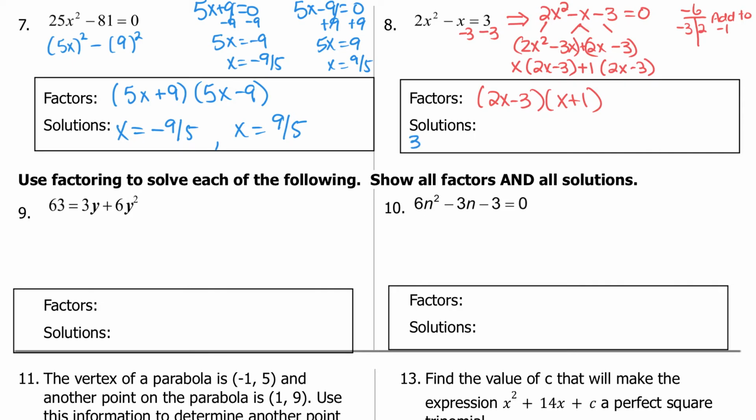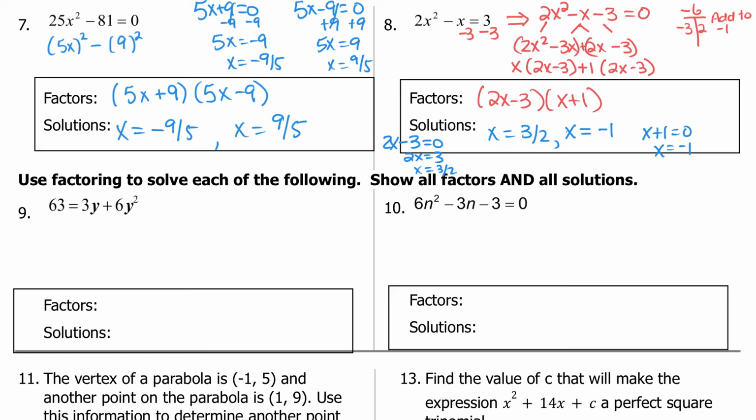If I take 2x minus 3 and set that equal to 0, I would add 3, so 2x equals 3, divide by 2, so x equals 3 over 2. The second one, x plus 1 equals 0. I would subtract 1, so x equals negative 1. And there's your solutions.